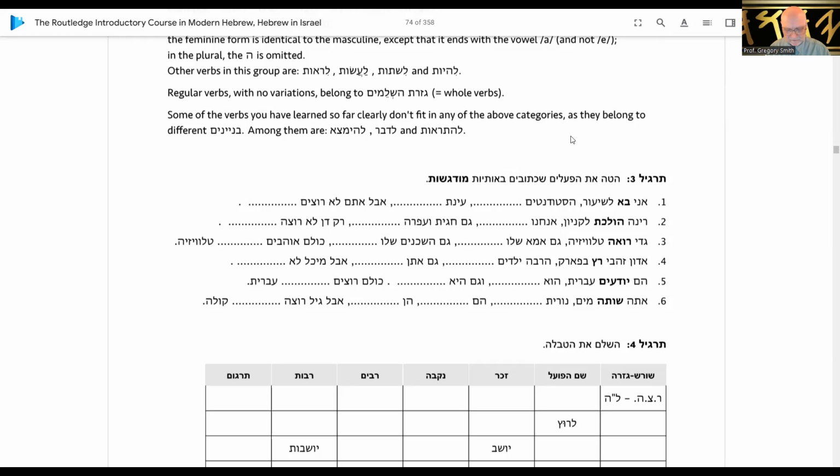All right, I have to put that in there manually. Okay, inflect, or in other words, fill in the verbs that are written in bold letters. הטה את הפעלים שכתובים באותיות מודגשות. Mugdashot, that's right.